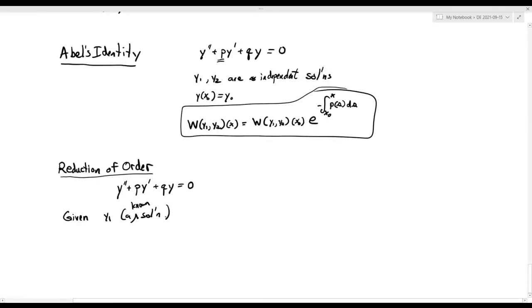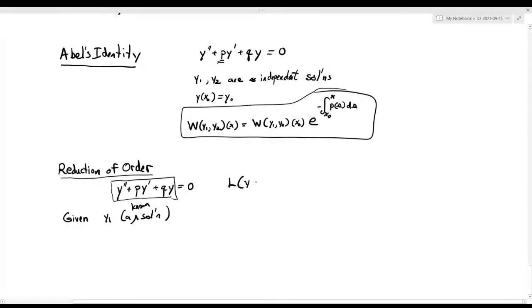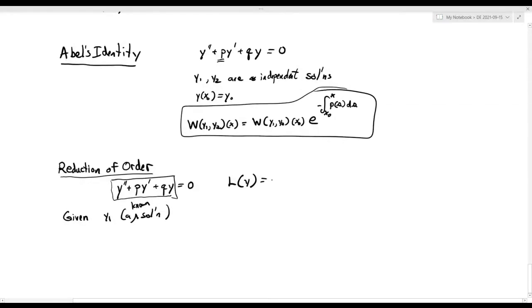As I mentioned before, what we're looking for essentially is the null space of this linear operator. We think of this as a linear operator on y, and we proved that this is indeed linear. Setting it equal to 0, we're looking for all solutions to this equation, the null space of the operator, and in particular a basis. So we're looking for two independent functions.